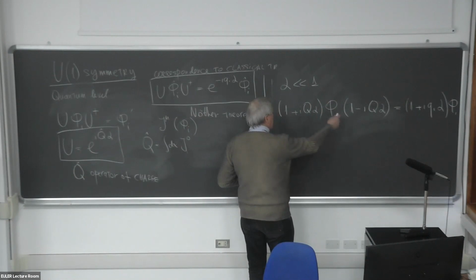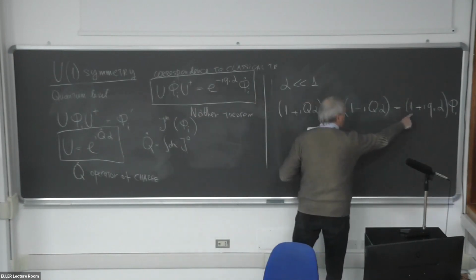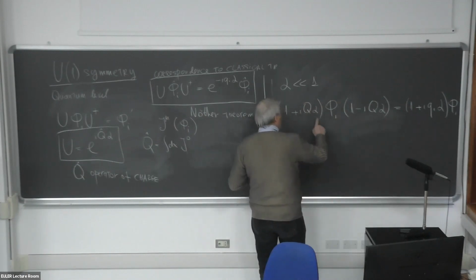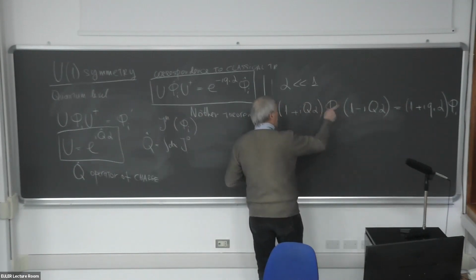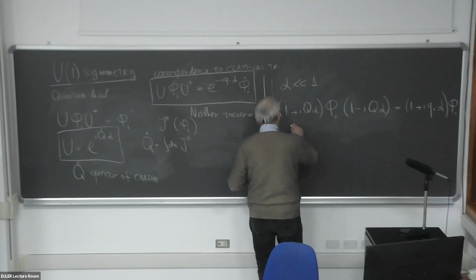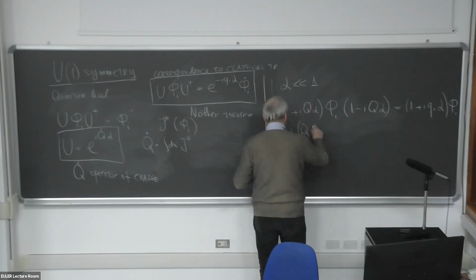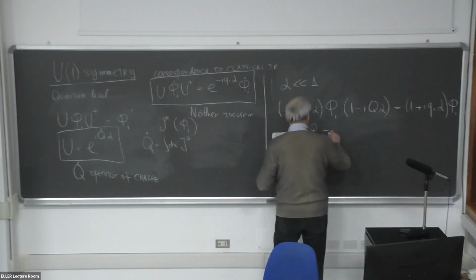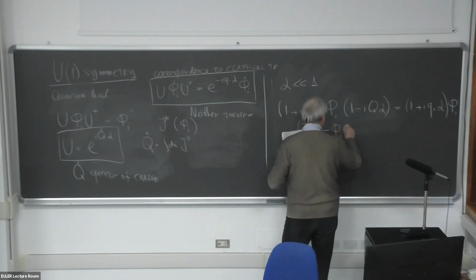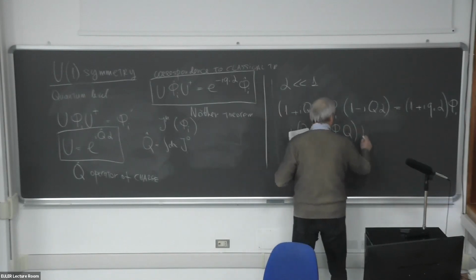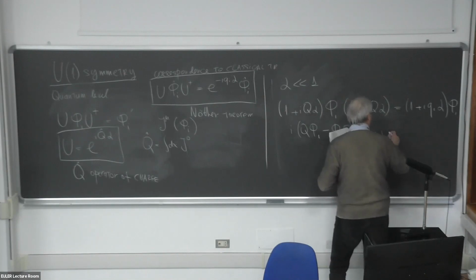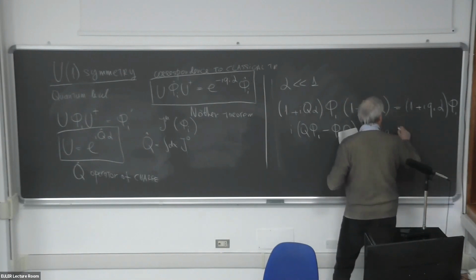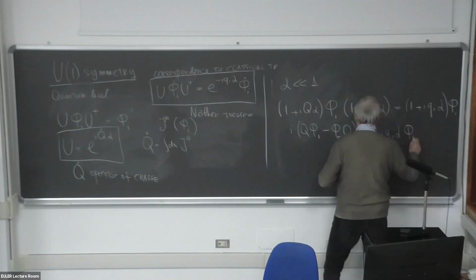Now, so I have several terms here. The 1 and 1 just cancel with this one. I will neglect the terms which are alpha squared, and then the rest is just I Q Fi minus Fi Q alpha, and on the right hand side I have I Q I alpha Fi.